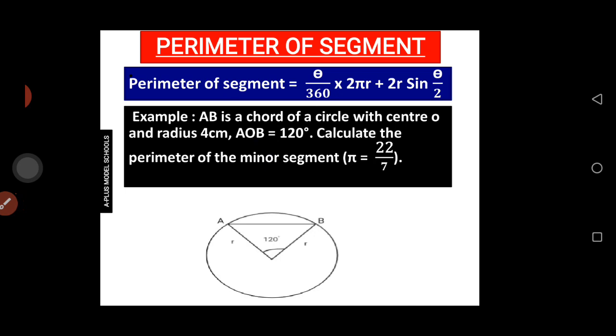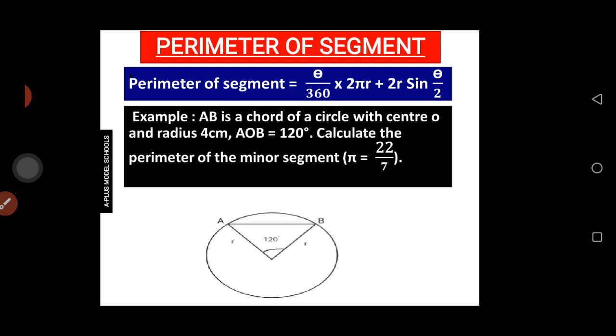The formula for finding the length of an arc is theta over 360 multiplied by 2 pi r. The formula for finding the perimeter of a sector is theta over 360 multiplied by 2 pi r plus 2r. Whereas the formula for finding the perimeter of a segment is theta over 360 multiplied by 2 pi r plus 2r sine theta all over 2.